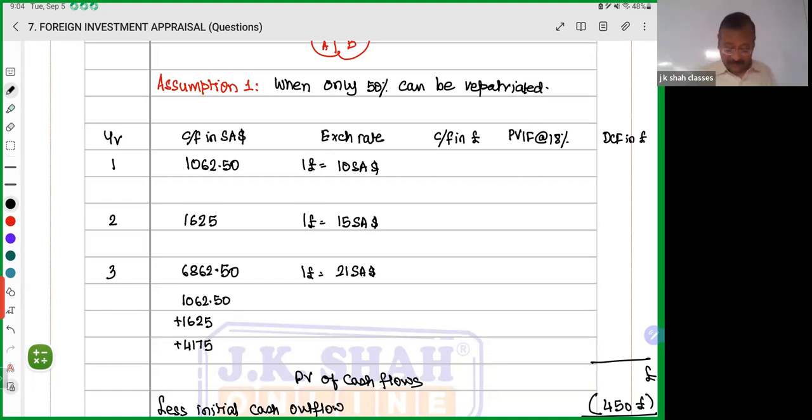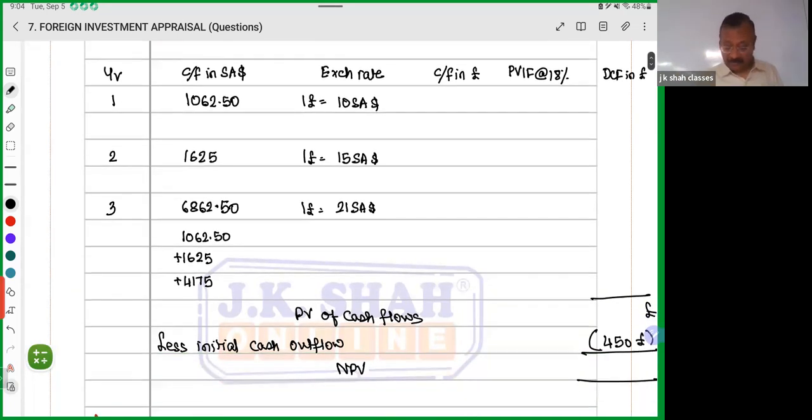83.27. Sonal, this is the NPV? Okay, 83.27 negative. Right.